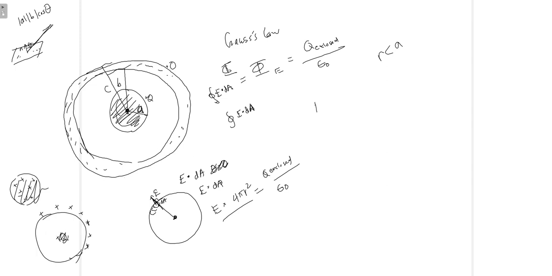So the electric field times 4 pi r squared will be equal to the charge enclosed, which is 0, over epsilon 0. So E has to be 0. When R is less than A, E is equal to 0.